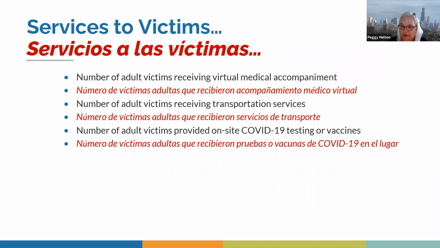So dual things, right? So you will report unique victims who, let's say, receive transportation services, but you're also going to report all the transportation services that any victim received. Does that make sense?